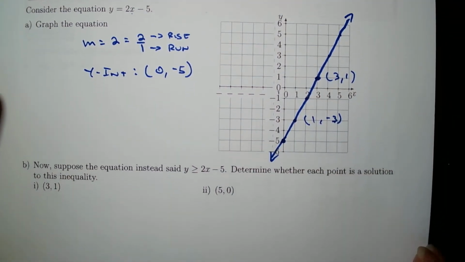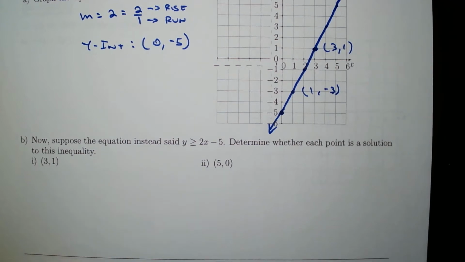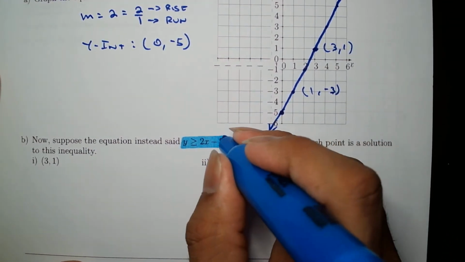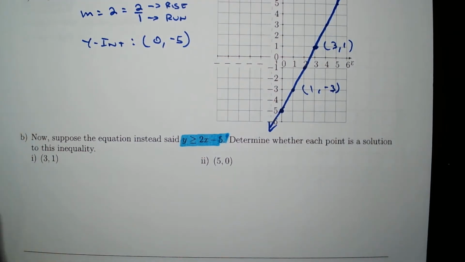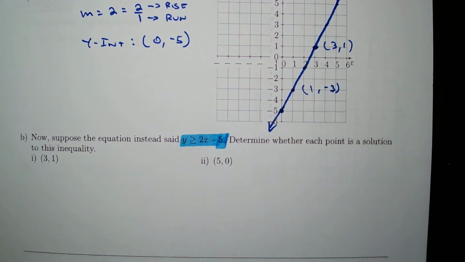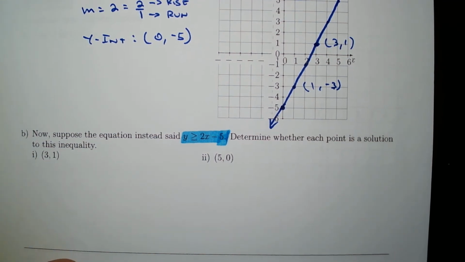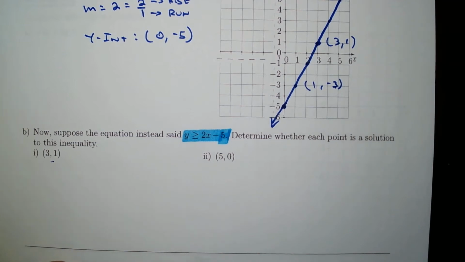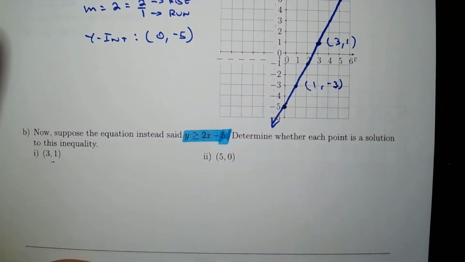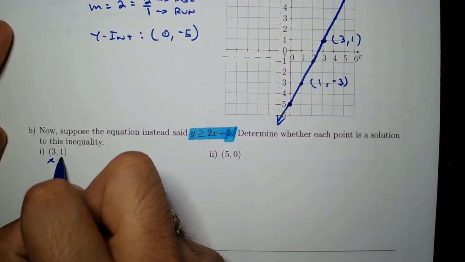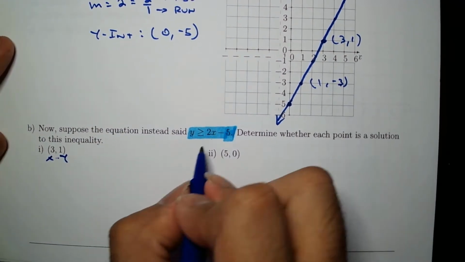Now, what is this going to represent? Well, y greater than or equal to 2x minus 5. In this case, we have an inequality as opposed to an equation. And we are going to determine whether these two points are solutions. So we simply plug in x equals 3, y equals 1.